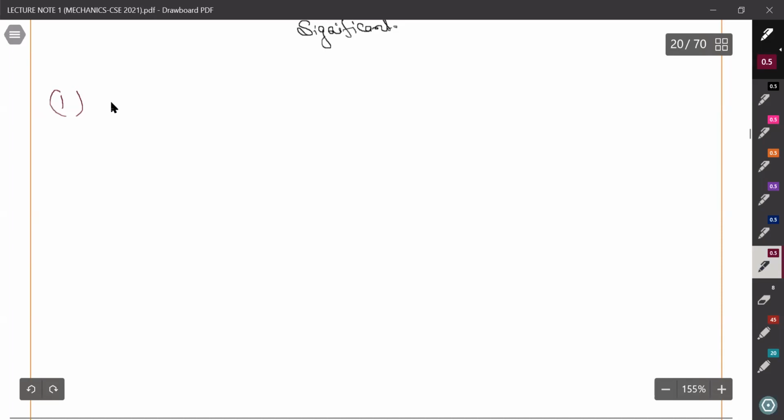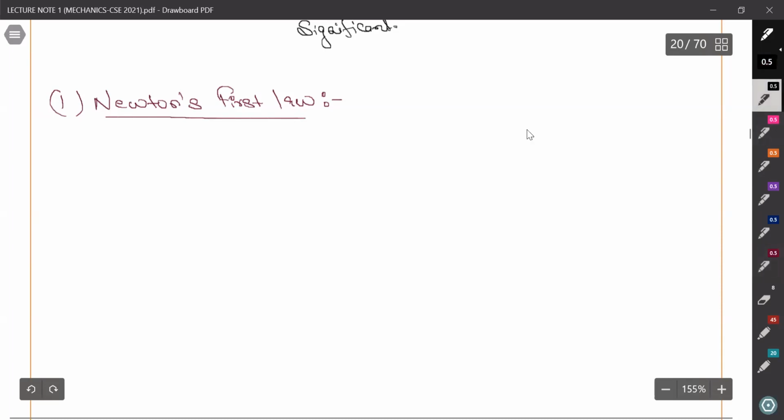Okay, leave these things. So we are starting with Newton's first law. Gradually, you will learn why Newton's laws are so much helpful.